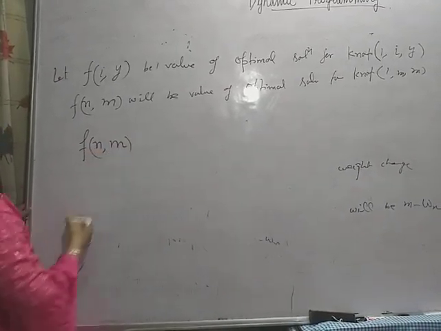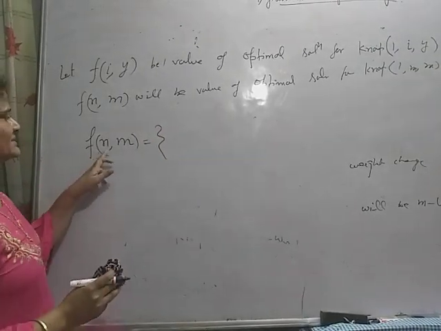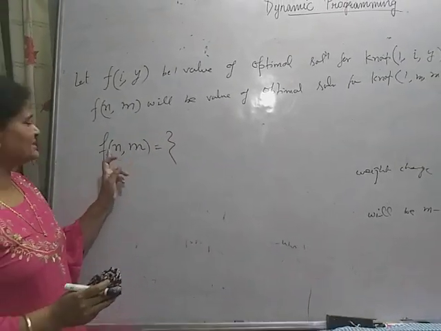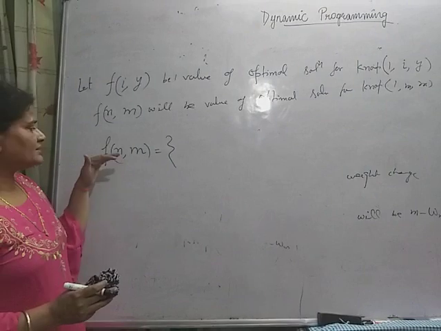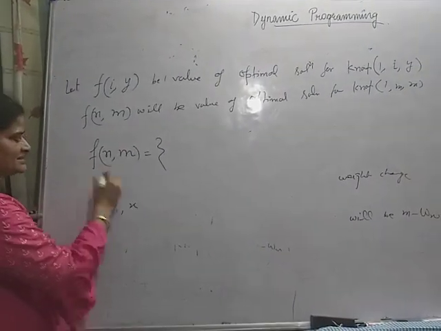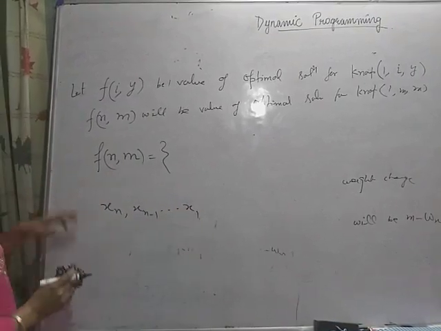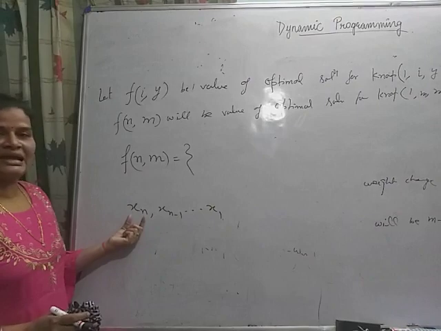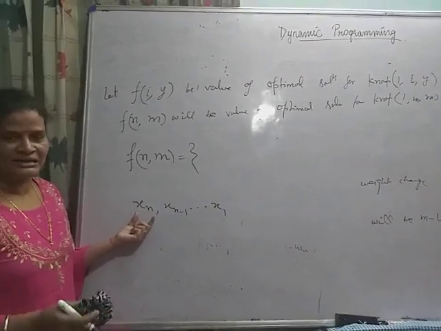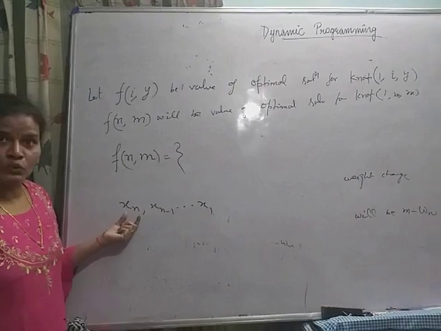Fnm is equal to, just keep in mind that I am taking the decisions in this order: xn, xn minus 1, and so on to x1. Either the xn object is included into the knapsack or it is excluded.